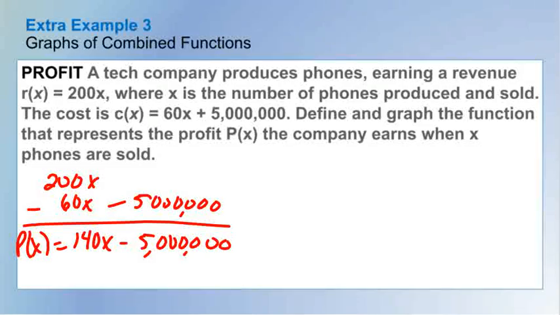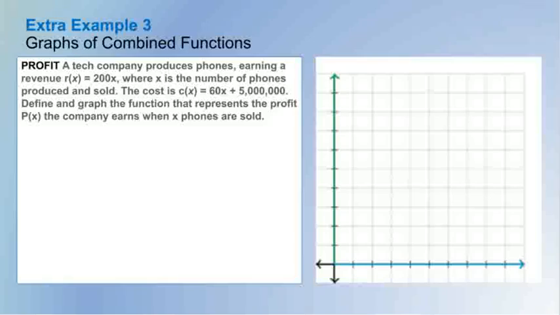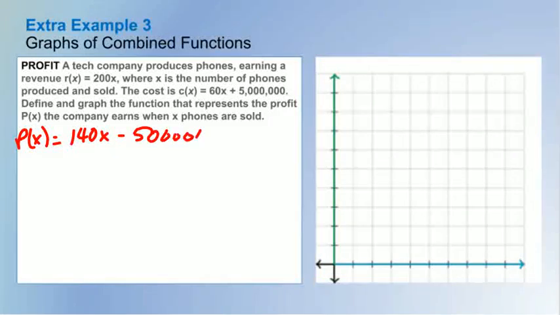Now, since our y-intercept is a large number, we're going to make that a lot smaller. So when we come to our coordinate plane, we're going to adjust a little bit our axes. So here, I'm just going to write my function again. P of x equaling 140x minus 5 million.